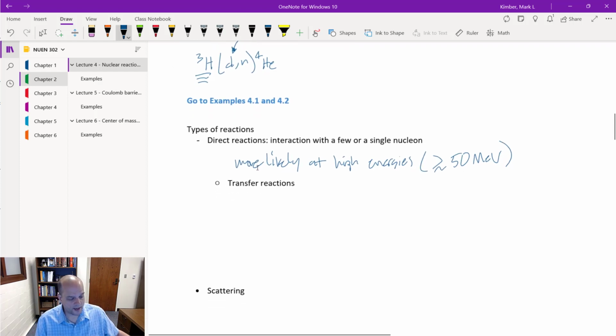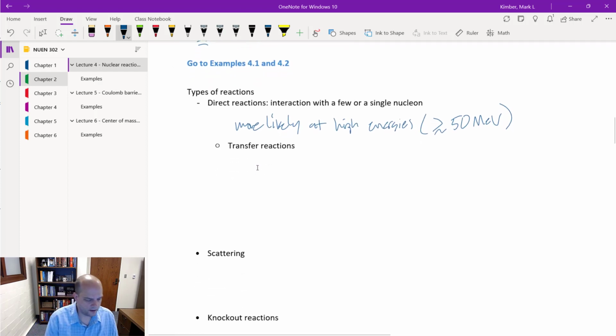We could have transfer reactions, where we have a deuterium coming in and a neutron coming out, or an alpha coming in and a deuterium coming out. In other words, I'm taking some light particle in and exchanging it for a different light particle coming out.